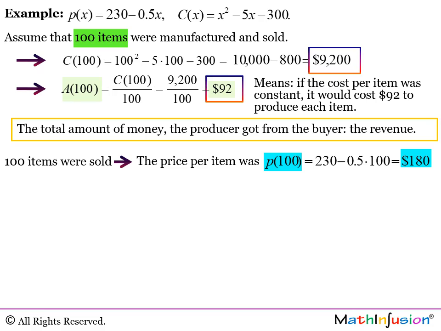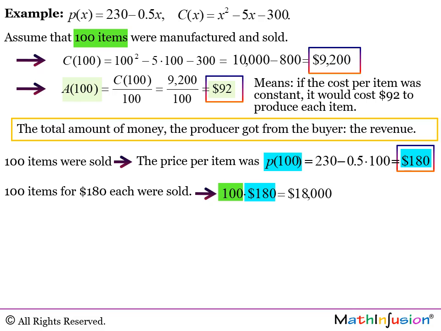It is P(100). We substitute 100 for the x in P(x) and we get $180. To calculate the revenue, we have to take P(100) and multiply by 100, because 100 items for $180 each were sold. We get that the revenue is $18,000.